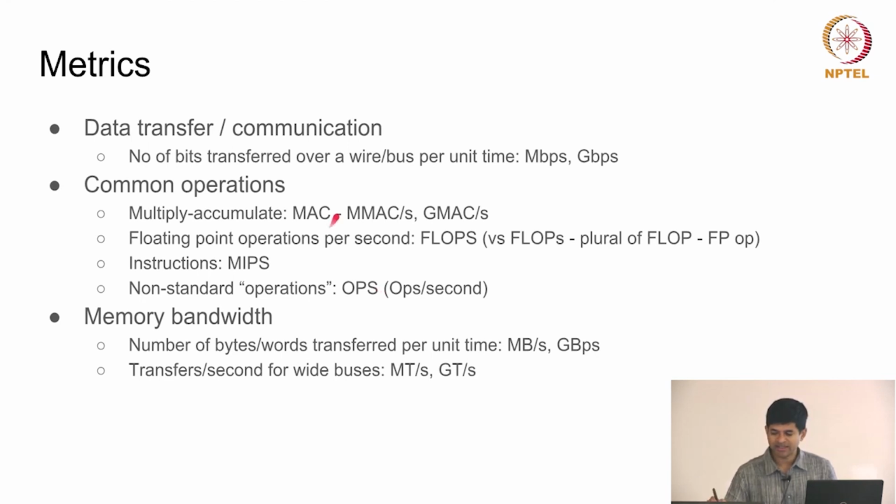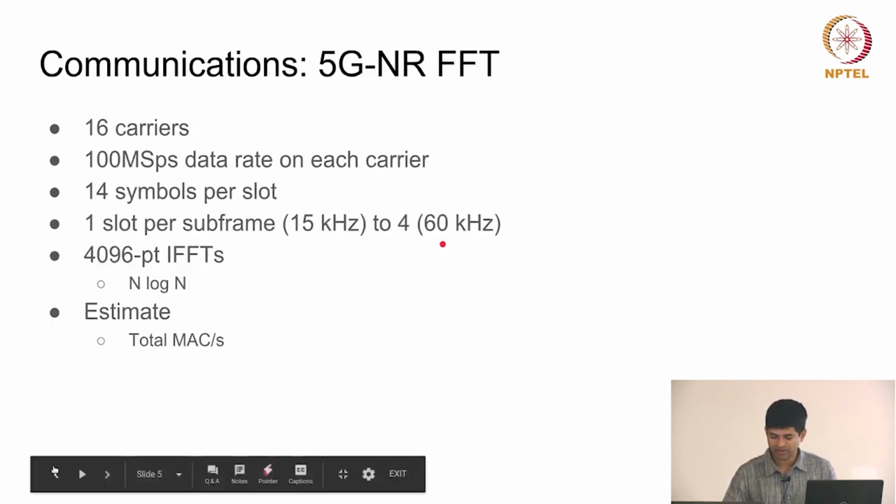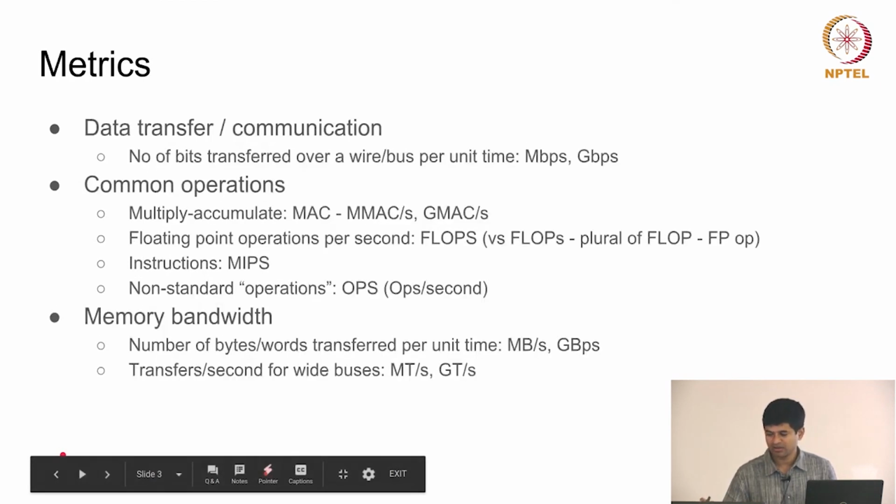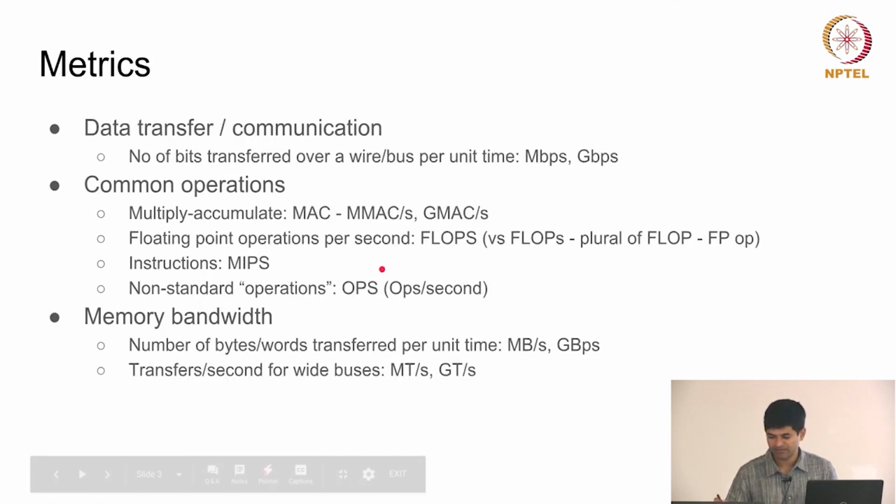Okay, so all of these are going to be useful metrics. Primarily we'll be focusing on flops, but the others also could come up in certain contexts. Then of course comes the memory bandwidth, right? The number of bytes or words that are transferred per unit time.